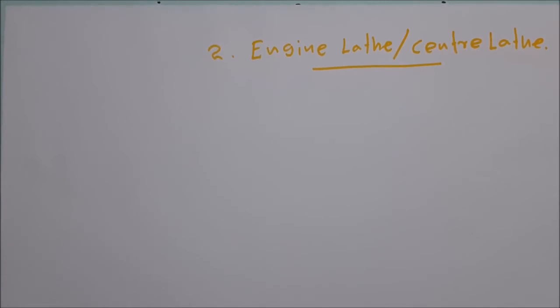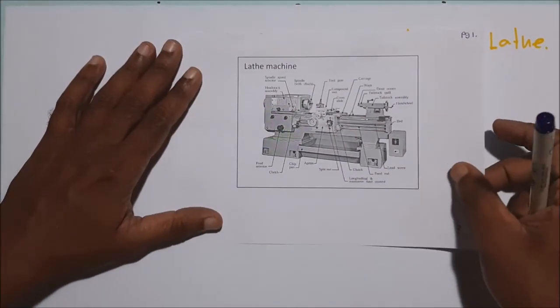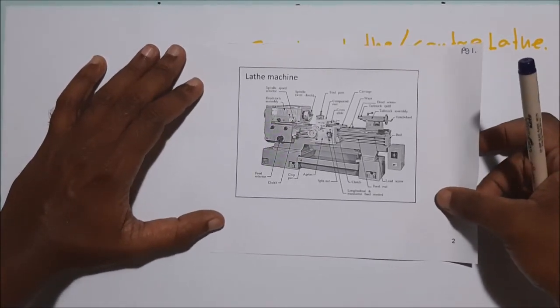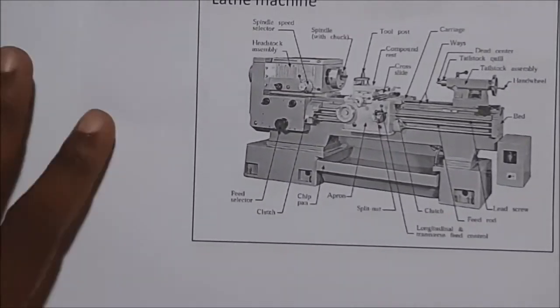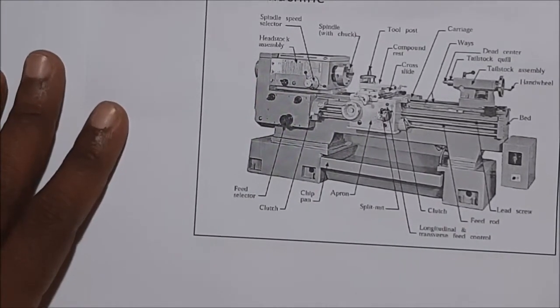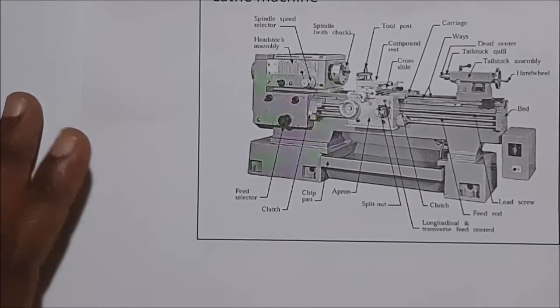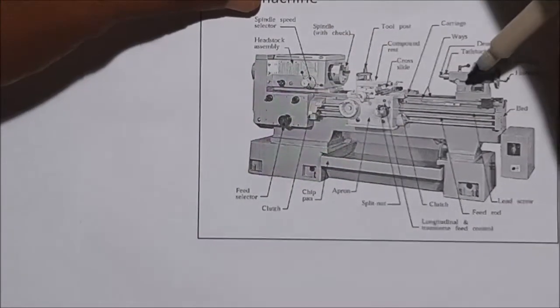So I will show the picture of this lathe machine. Here you can see the picture of the engine lathe. You can see the headstock and the tailstock.